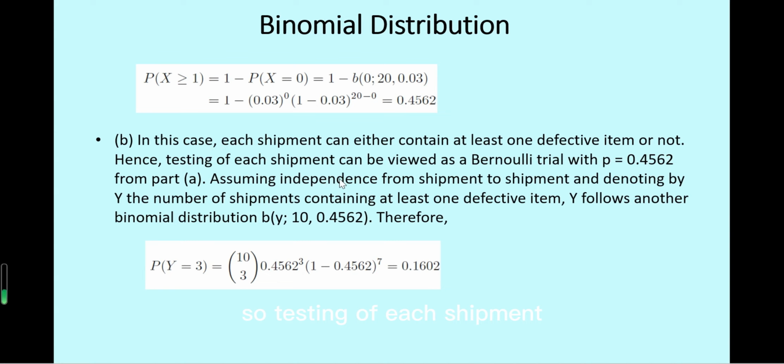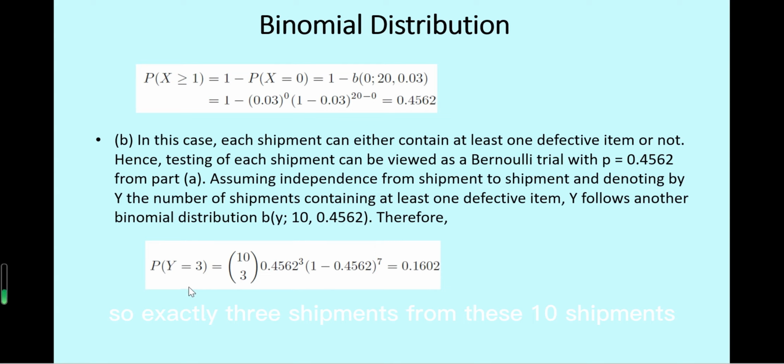So testing each shipment can be viewed as a Bernoulli trial with probability 0.4562, which we have calculated in question A. So we can assume independence from shipment to shipment and denote by Y the number of shipments containing at least one defective item. In this case, Y follows another binomial distribution, B(y; 10, 0.4562), because we want to know about the total of 10 shipments, with the probability of 0.4562 we calculated from question A.